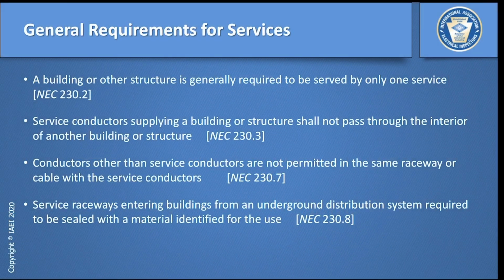Service raceways entering buildings from an underground distribution system are required to be sealed with a material identified for the use. So remember, if you have a raceway, conduit underground feeding a structure, that is considered a wet location.